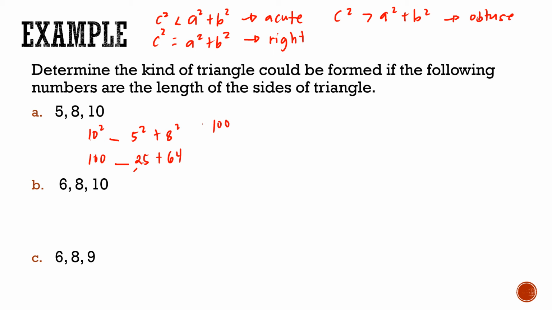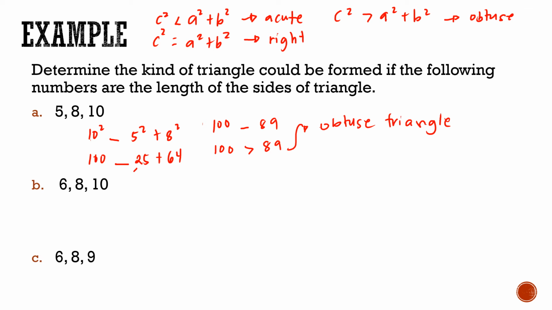So we got 100 blank. Let's add 25 and 64, which gives us an answer of 89. Then we can conclude that 100 is greater than 89. Therefore, the triangle will be an obtuse triangle.